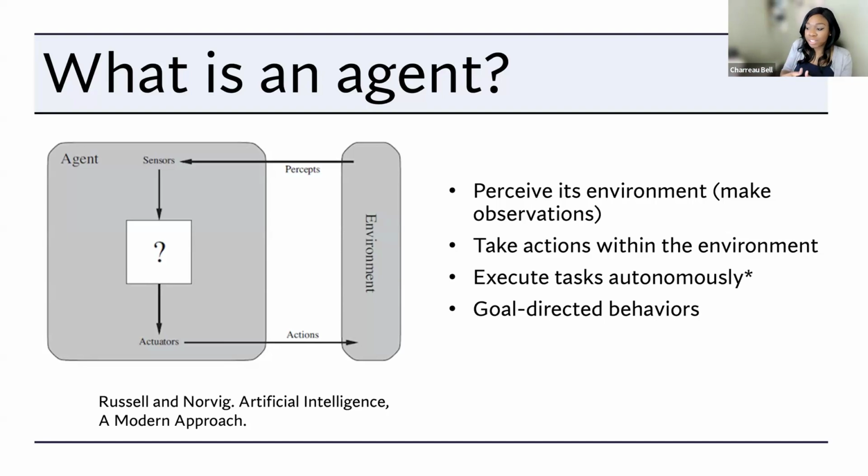Now, with agents, there also is this idea that they're mostly going to be trying to do things autonomously. So we tend to think of agents as less of a chatbot, more of a, hey, could you do this? And then it goes and takes whatever actions it needs to take in order to do the thing.